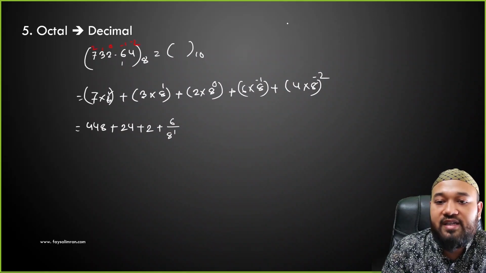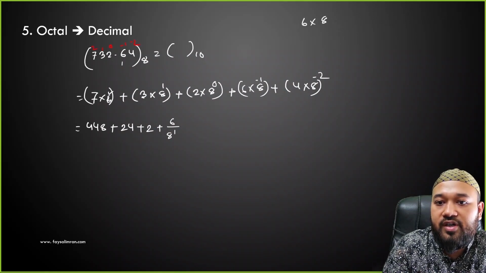How can we write this? 6 into 8 to the power minus 1. That means we can write 6 into 1 by 8.